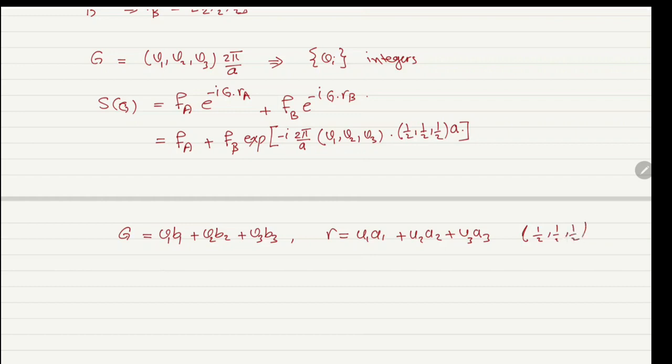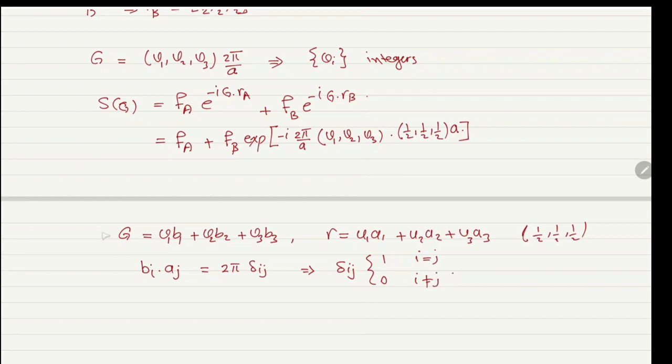And remember the orthogonality condition, b_i dot a_j equals 2 pi delta_ij, where delta_ij equals 1 when i equals j, and 0 when i is not equal to j.